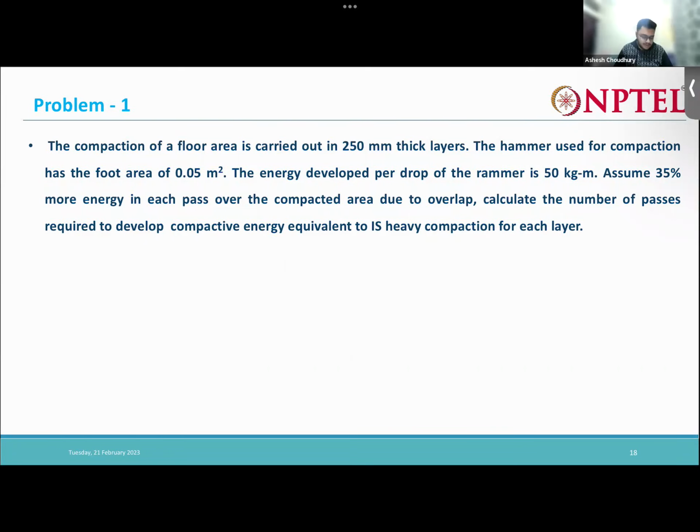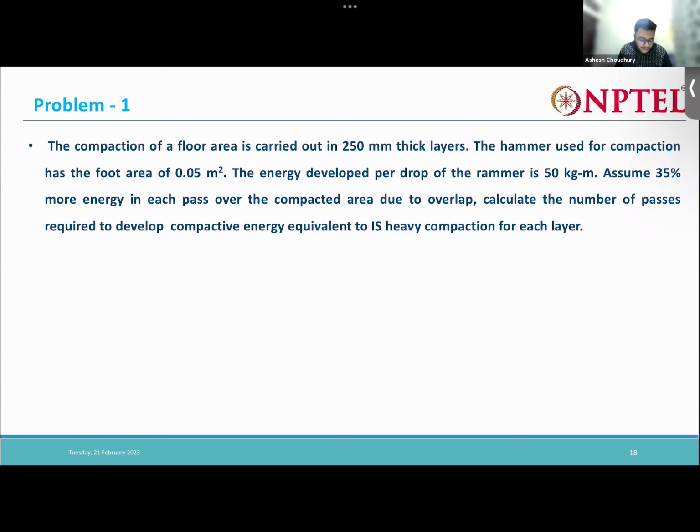So let us look into the first problem. The first problem says that the compaction of a floor area is carried out in 250 mm thick layers. So the thickness of each layer is 250 mm.